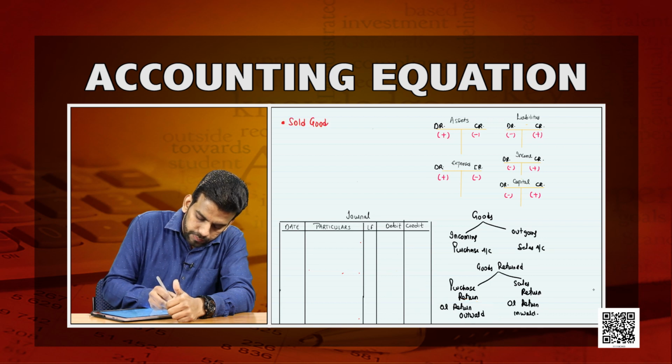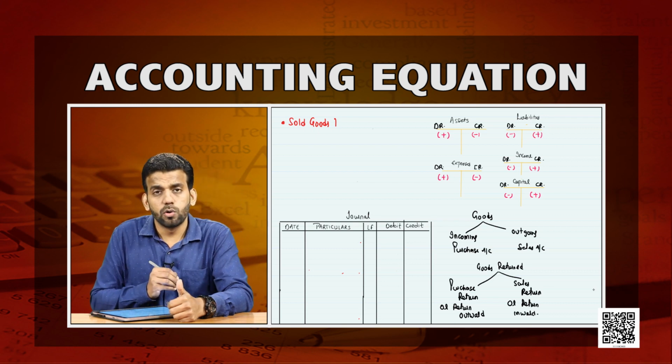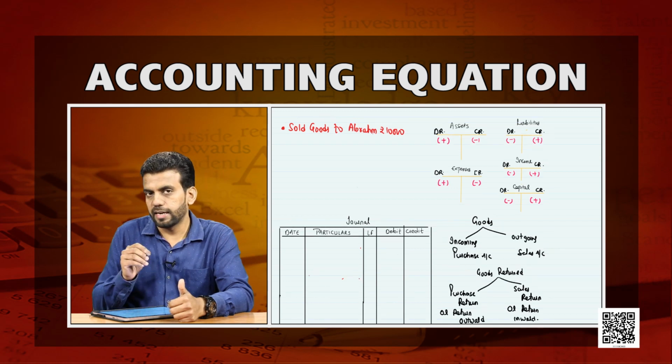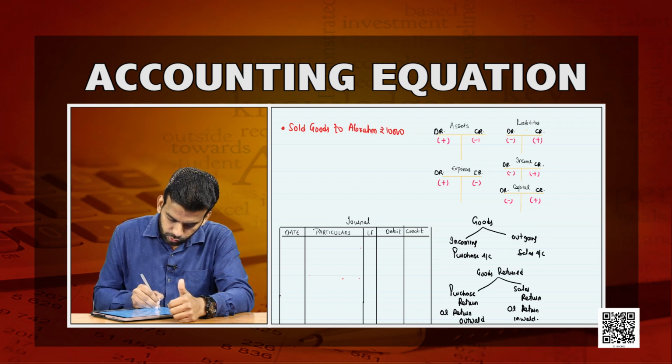Sold goods to Abraham, 10,000. When you sold goods to Abraham, what would be the journal entry? If you remember, whenever we find sold goods, the sure thing is to sales and Abraham is debited.